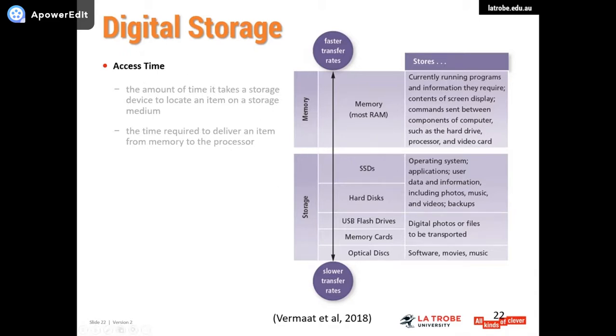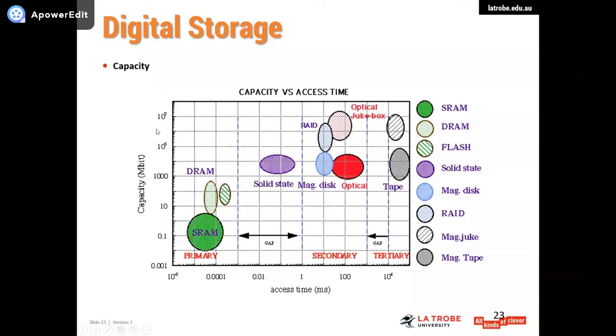And for the capacity, this figure gives you capacity versus access time, and where the different storage types should be placed in this figure. Please take a look at these figures. I think this figure gives you very thorough information about the capacity and access time of different digital storage. So it's an important figure.